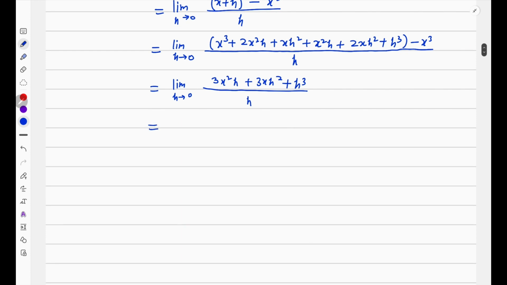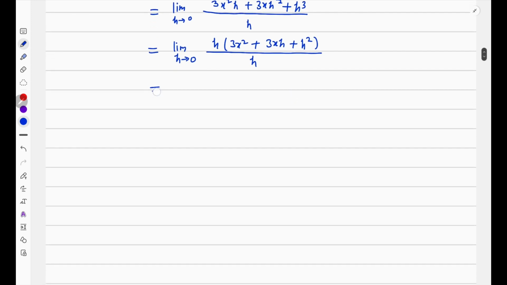We can take an h common here. It becomes (3x square plus 3xh plus h square) over h. So the limit as h approaches 0 of 3x square plus 3xh plus h square.